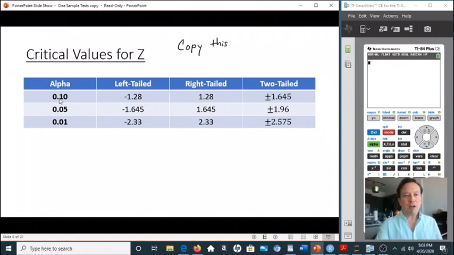If our error, our alpha, is 10%, this actually corresponds to a 90% confidence interval. So these numbers might look a little familiar from last week. However, if you have one tail, these are the numbers that you use. Again, I would just copy this problem or print it out so that you can use it for every problem. Every problem will be asking you for a number from this table.